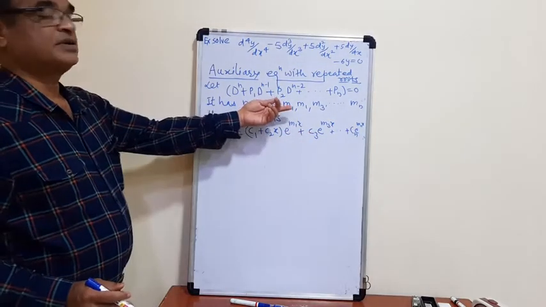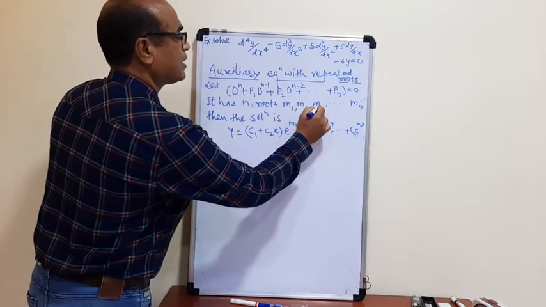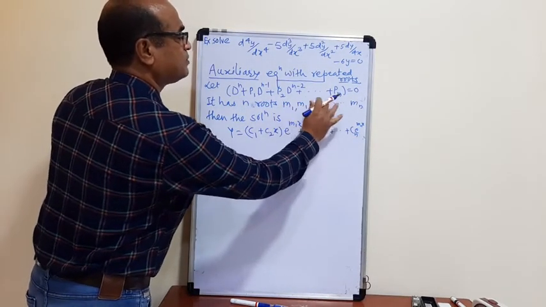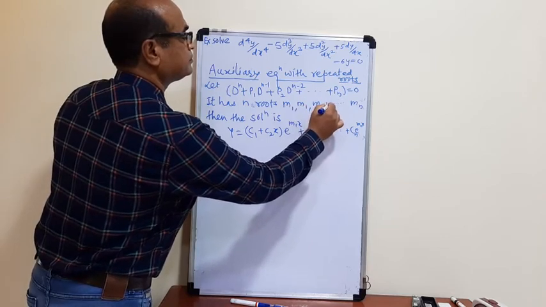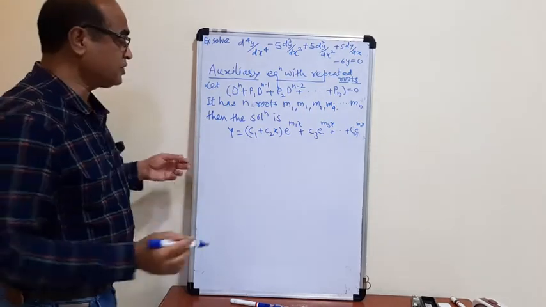If the root m1 is repeated 3 times here, then what is the solution?